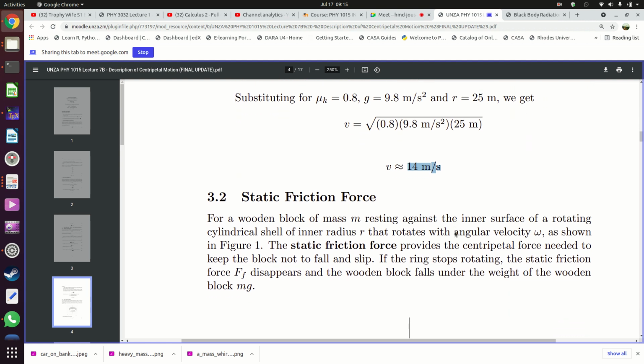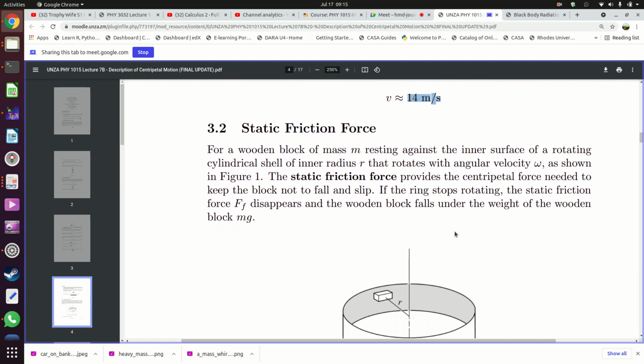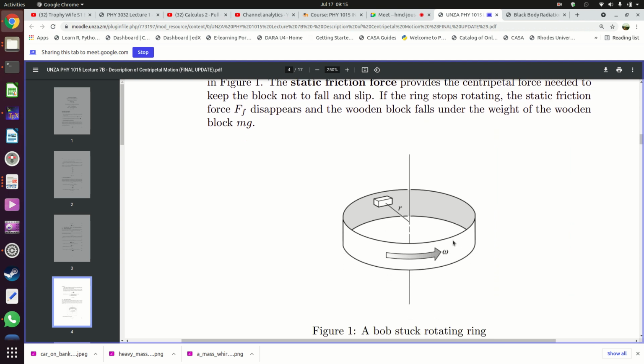Okay, next, apart from kinetic friction, you can also have a case where the static friction force is the one providing the centripetal force, like in this case here, where you have a ring rotating at an angular velocity omega. Inside this ring there is a little mass, a cube.